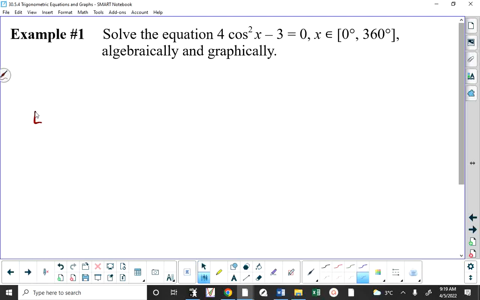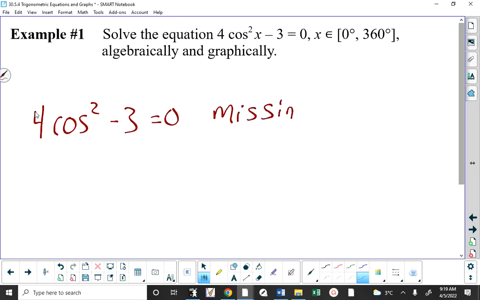I will remind you that this equation, 4 cosine squared of x minus 3 is equal to 0, is missing the linear term. Right? There's a quadratic term, and it's also missing an x, which I better put in there.